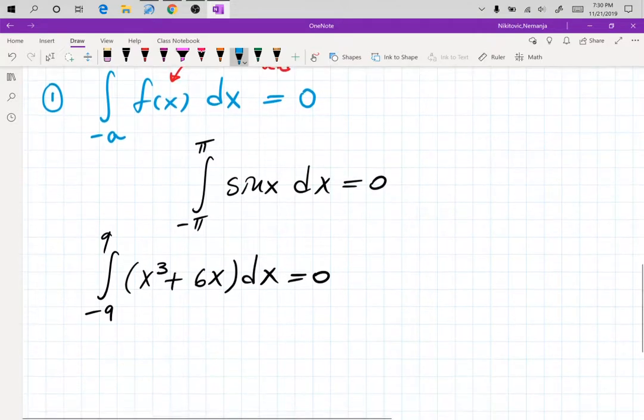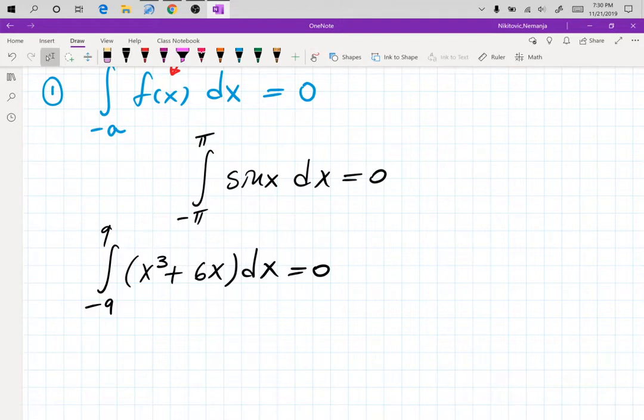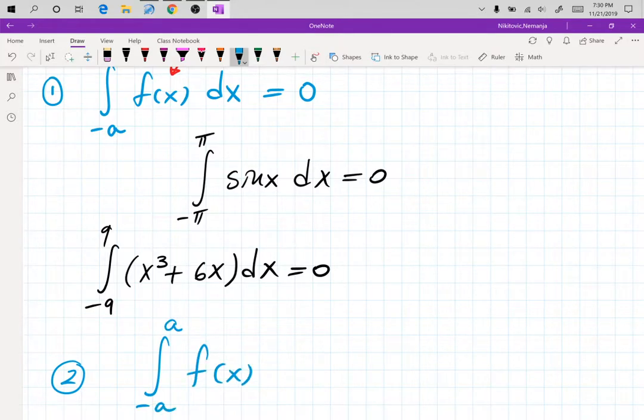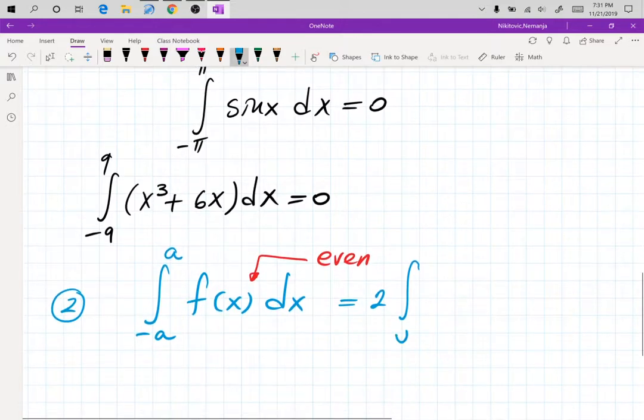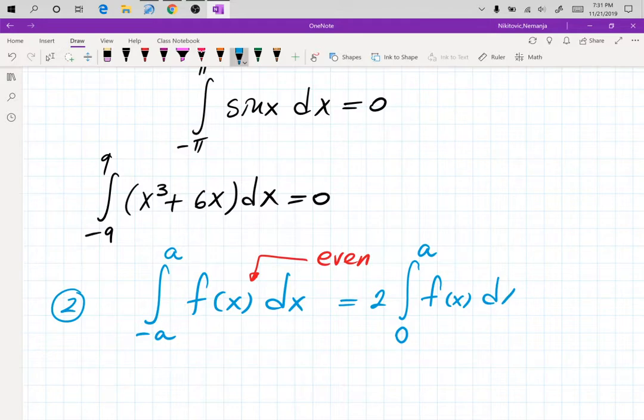All right, the next one is obviously for even functions. So number 2, we still have negative a to a, and now we have f of x dx, but this time around f of x is even. We are going to get 2 times the integral from 0 to a of f of x dx.